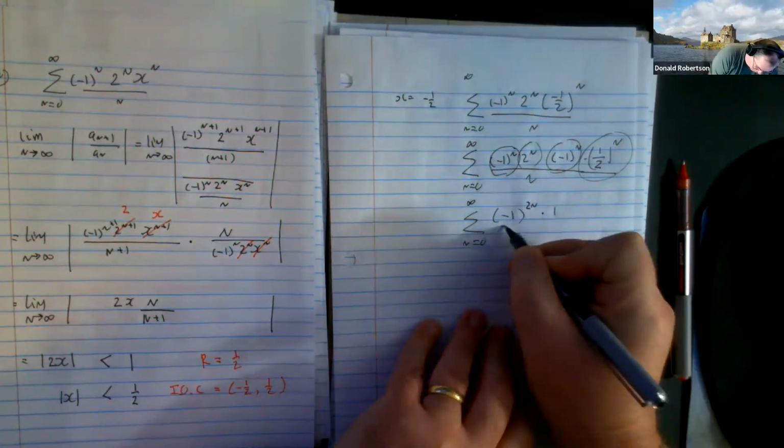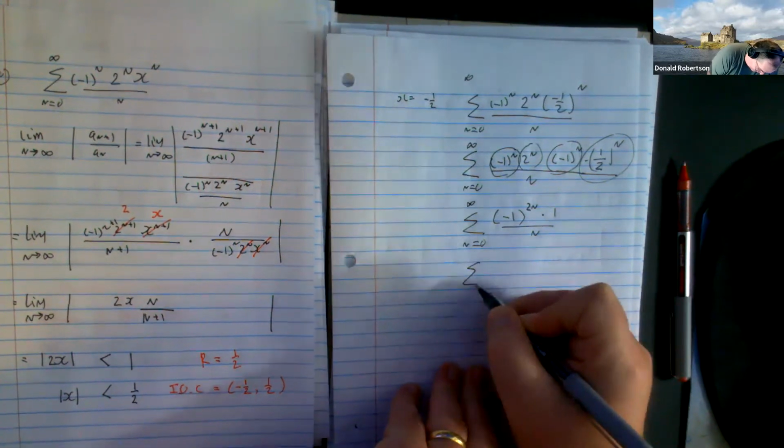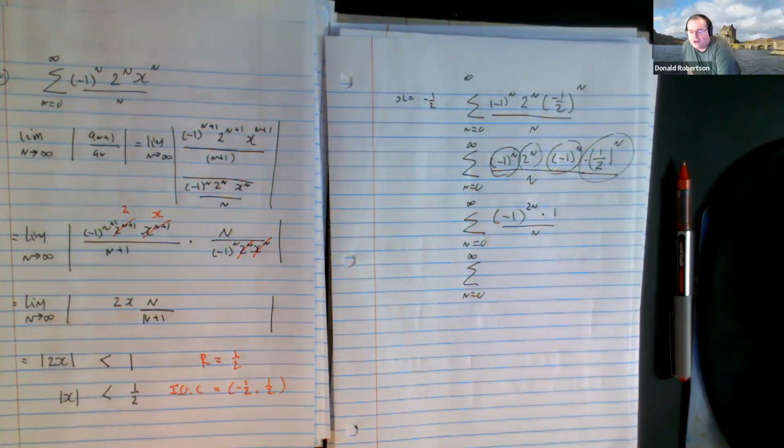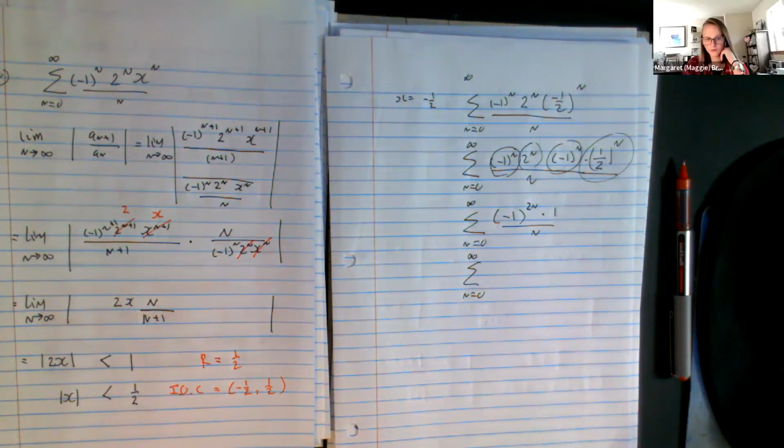Maybe I will. Now, this one is going to maybe freak you out. What number, and it's a single number, no powers of n, what number is -1 to the 2n? One. Well done.